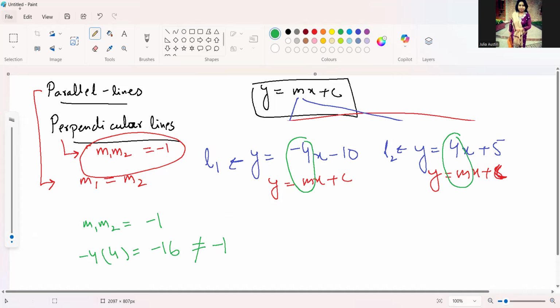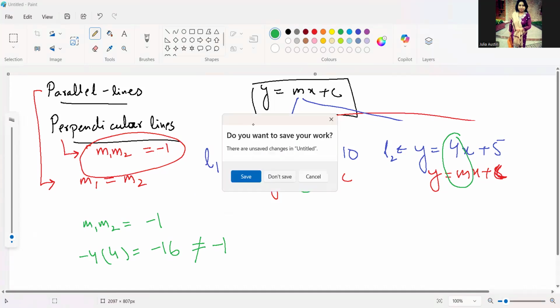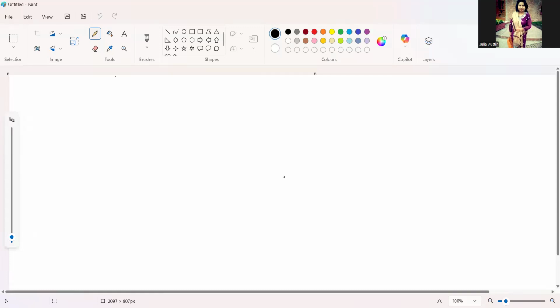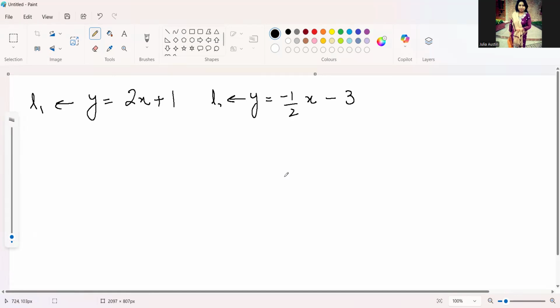Let's take another example. This time I have y = 2x + 1, and the other equation is y = -1/2 x - 3. So this is my line 1, and let me name this as line 2.